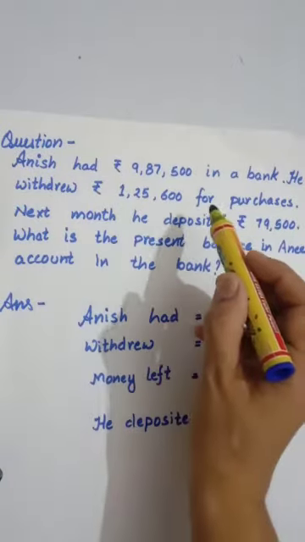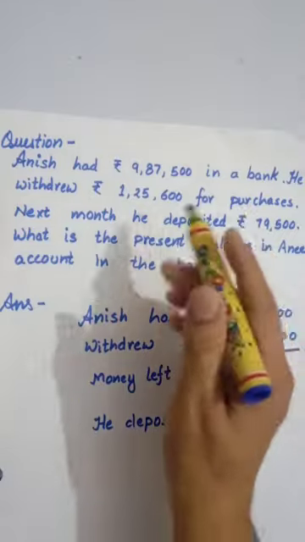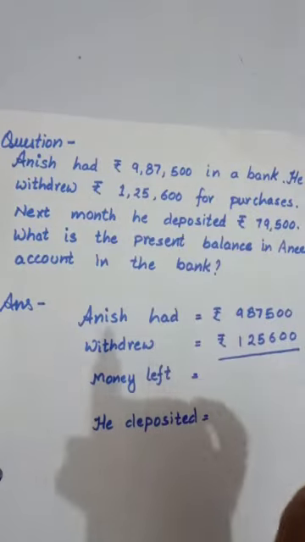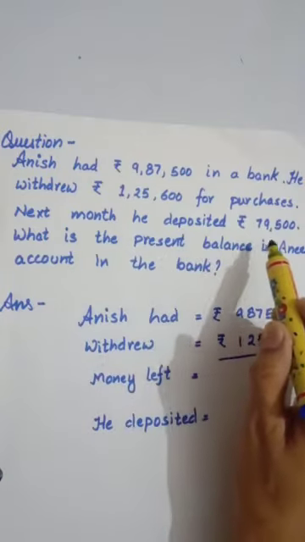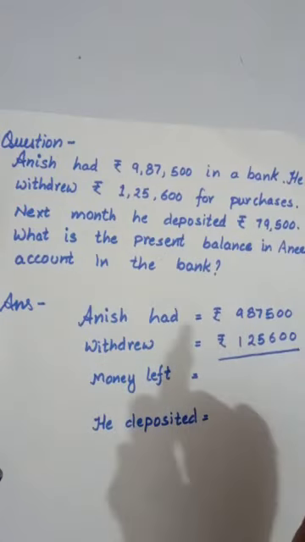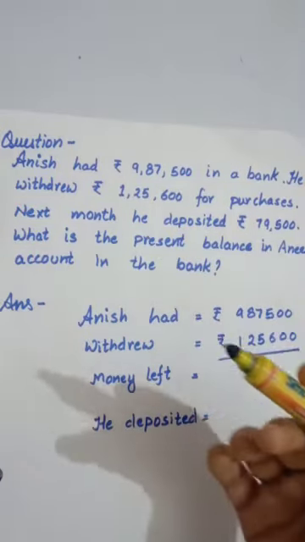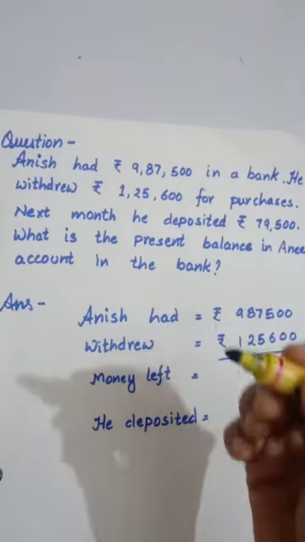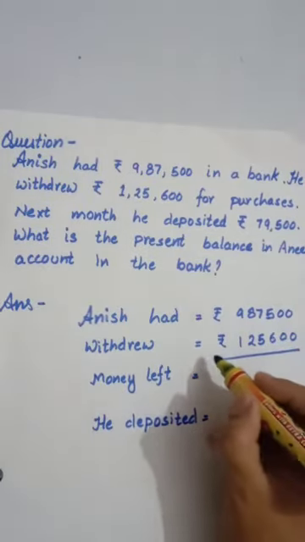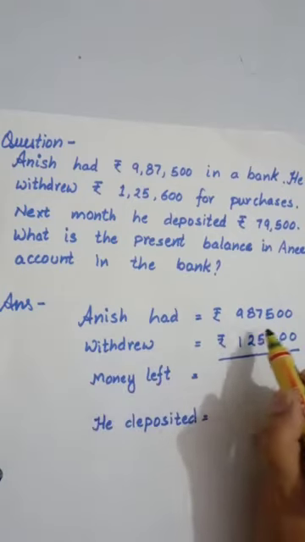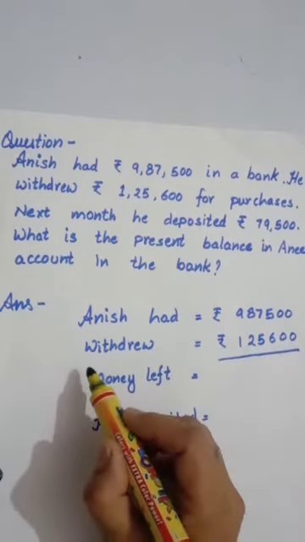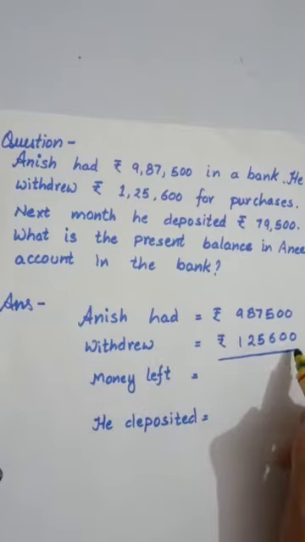So this amount is subtracted from this amount first of all. Next month he deposited 79,500. Deposited means he added some more money. So first of all we will write here Anish had this much amount and he withdrew this much amount.